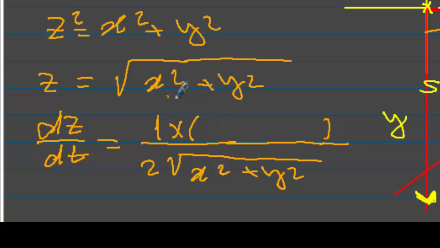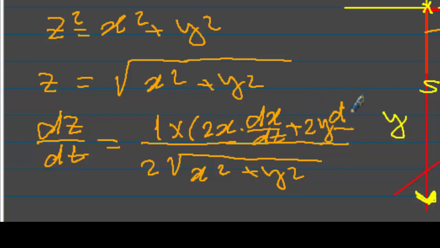So the derivative of x square is 2x dx dt plus 2y dy dt.